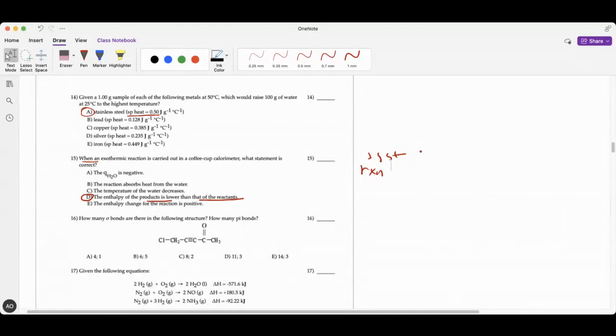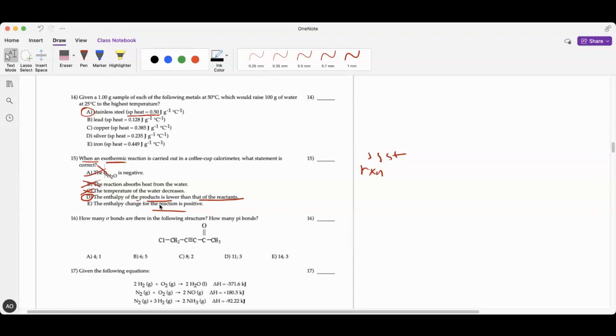So if it's an exothermic reaction, then the system is releasing heat into the surroundings. So in that case, this would be incorrect because the reaction is releasing heat. The temperature of the water decreases? No. And then the enthalpy change for the reaction is positive? No, we were just told it's exothermic. It would be negative. Okay.